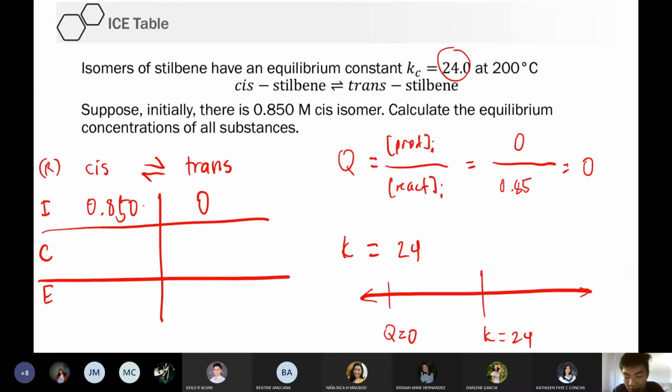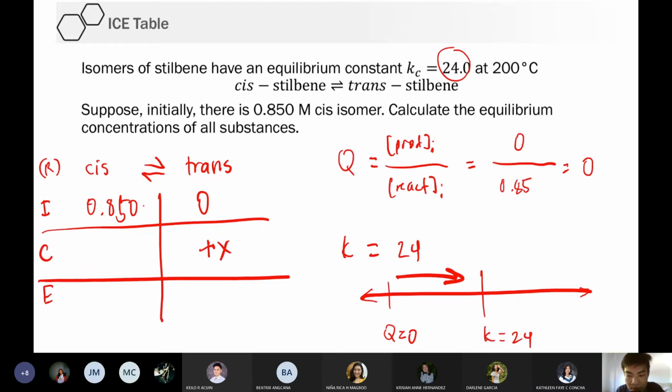That's on the left. In order to achieve equilibrium, our reaction must proceed to the right side, to the product side. So how are we going to translate that info on our ICE table? Since the reaction is going to the right side, the change for the product side is positive x.